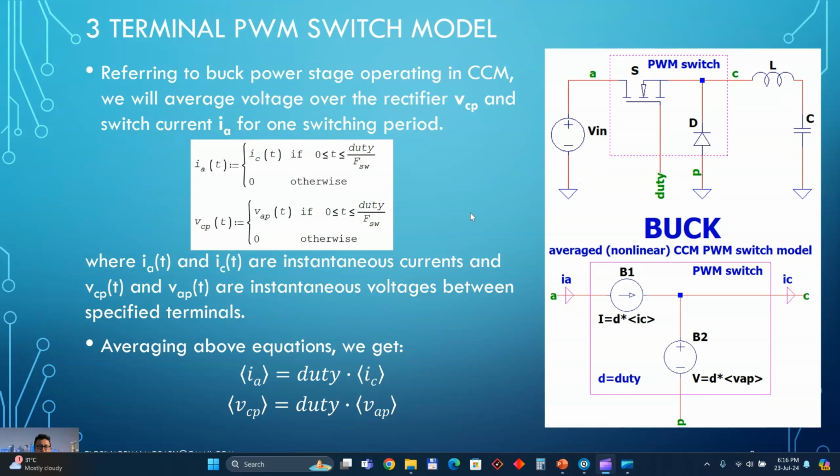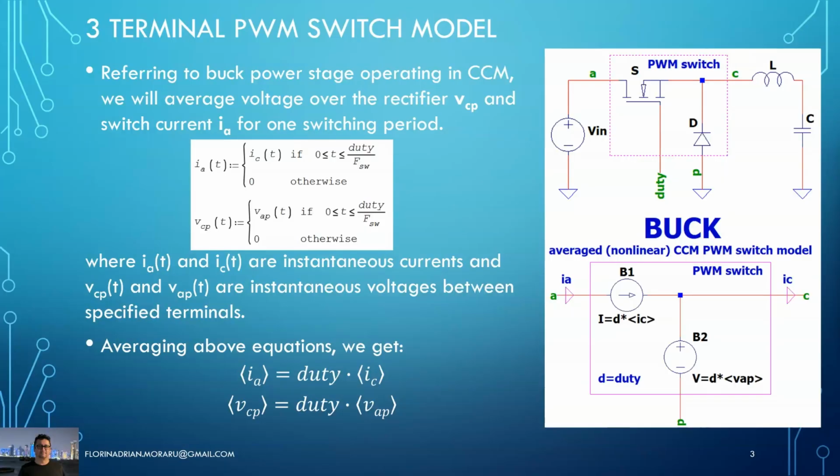So what we are going to do is to average those quantities over one switching period, by simply expressing them in this way. Okay, now by averaging those two quantities, we can state that the current on the A terminal is a function of the duty cycle.